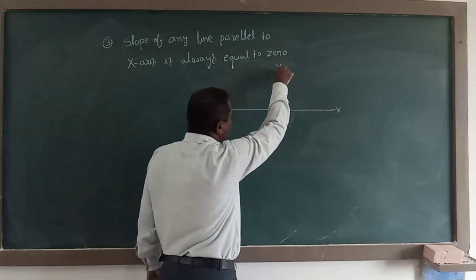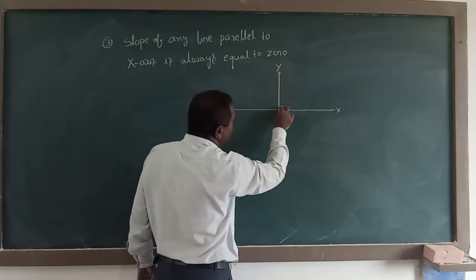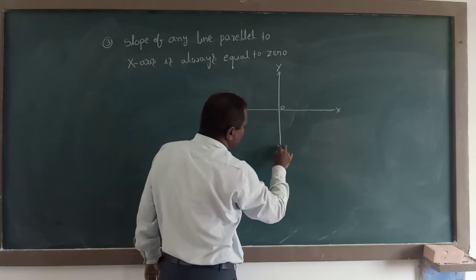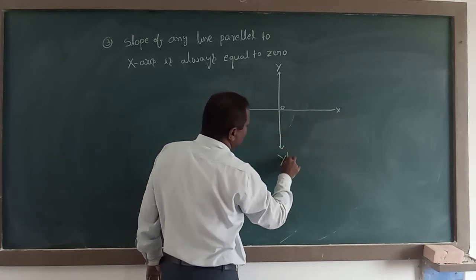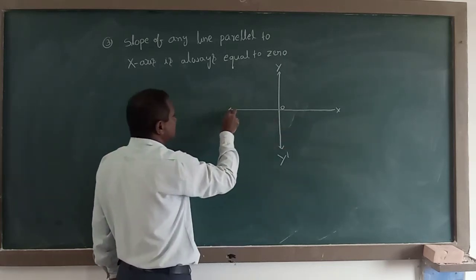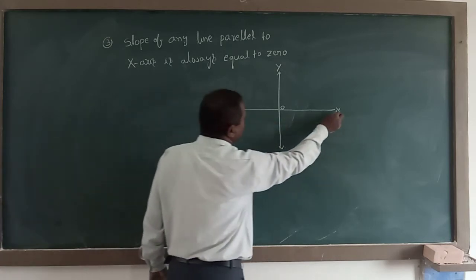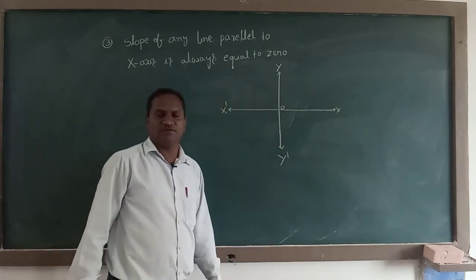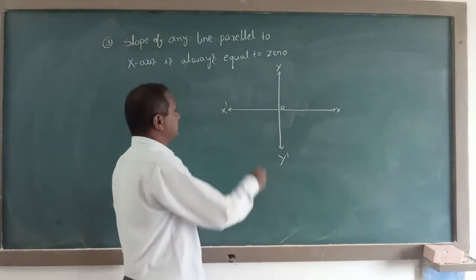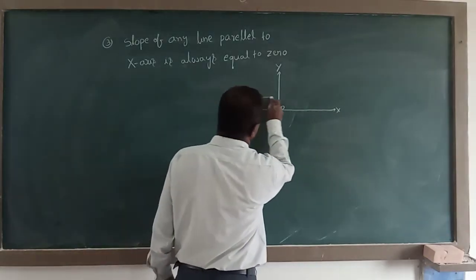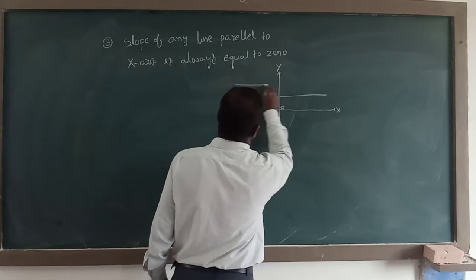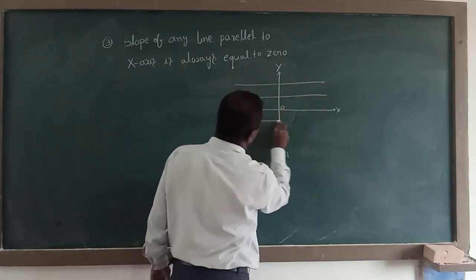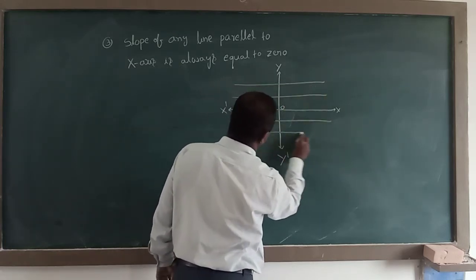Otherwise, you can mention Y dash also. We mention it like that. At the same time, X'OX is this. Take some parallel lines which are all parallel to the x-axis. It is one line, it is another line. Like this, we can take lines here.